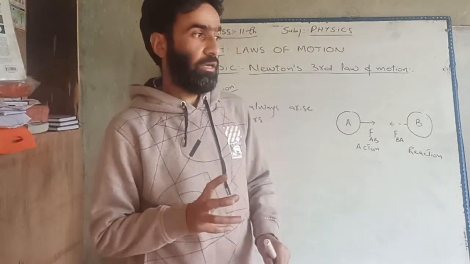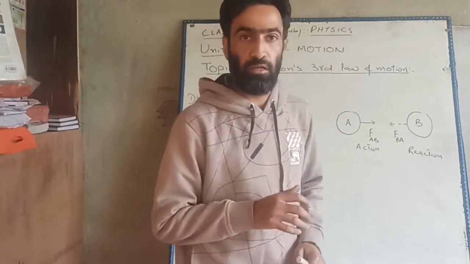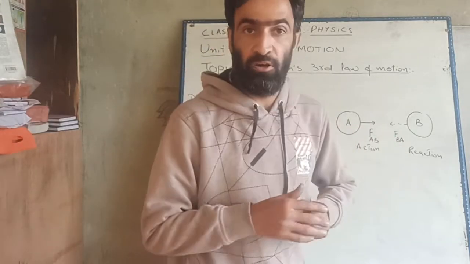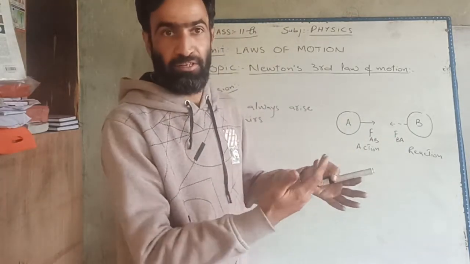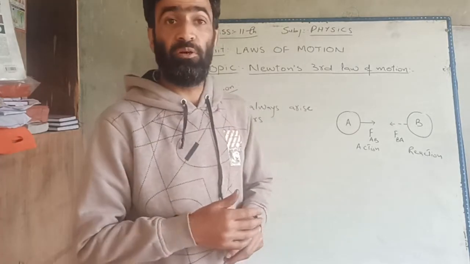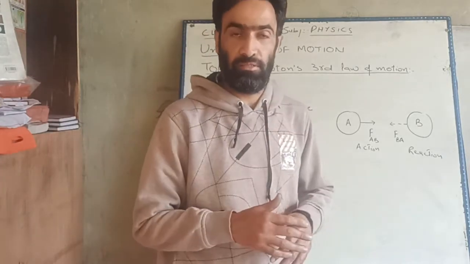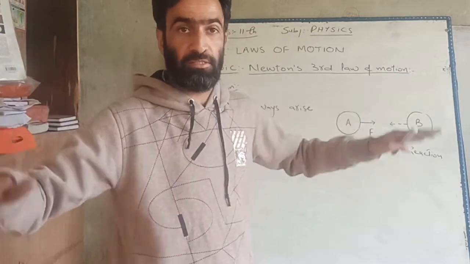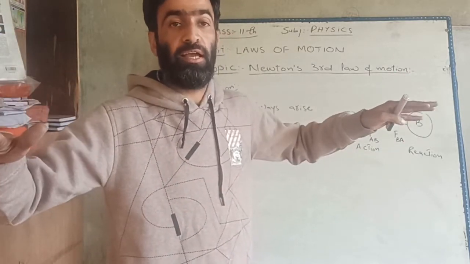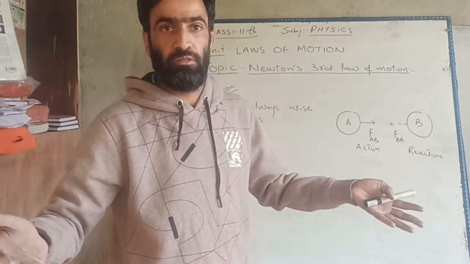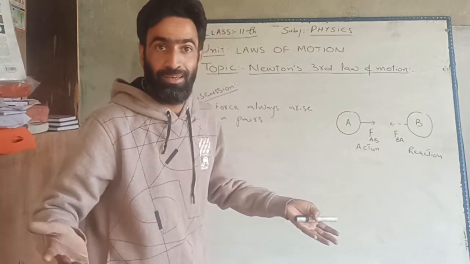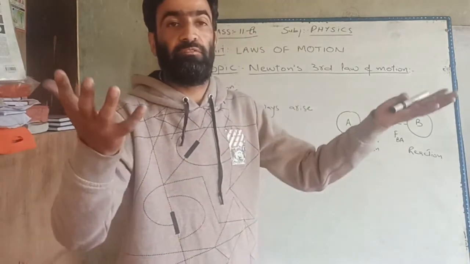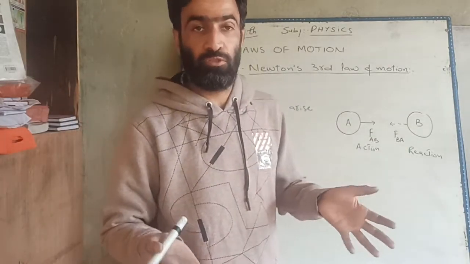If I collide with the wall, my force applied upon the wall is action, then the wall reacts it back. If a bird flies in the air, it applies a force by its wings. This is one force. Then the reactive force is the force provided by the atmosphere to its wings. Again there are two forces, action and reaction.